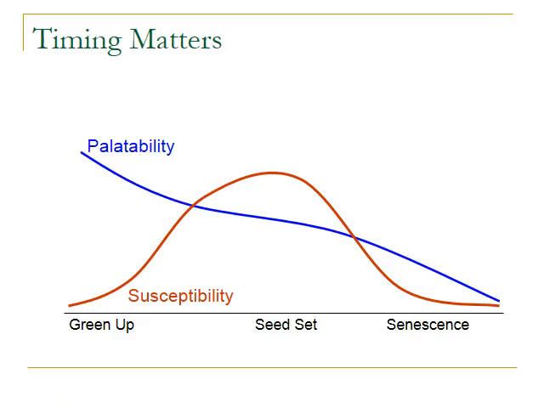Here's why timing matters. Thinking back to concepts that we've covered, we know that nearly all plants are palatable when they're young, when they first start to green up. They have few structural carbohydrates. They have lots of cell contents, so they have all of the digestible, soluble components that grazing herbivores are looking for, and not many of the structural or secondary compounds.